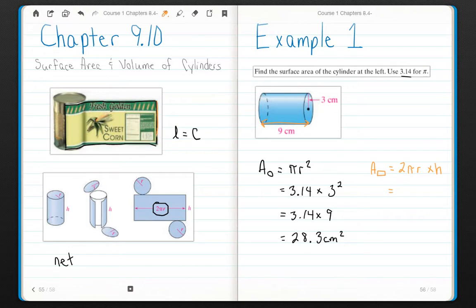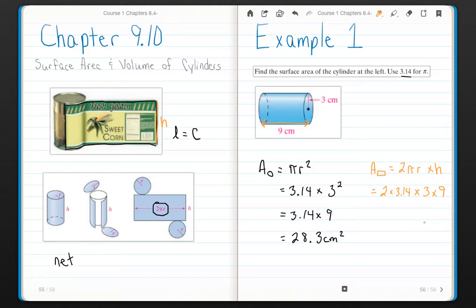In this one here, this is the height, the distance between the top and bottom. So we have, I'm going to move this over just a little bit or I'm going to run out of room, equals 2 times 3.14 times the radius, which is 3, times the height, which is 9.